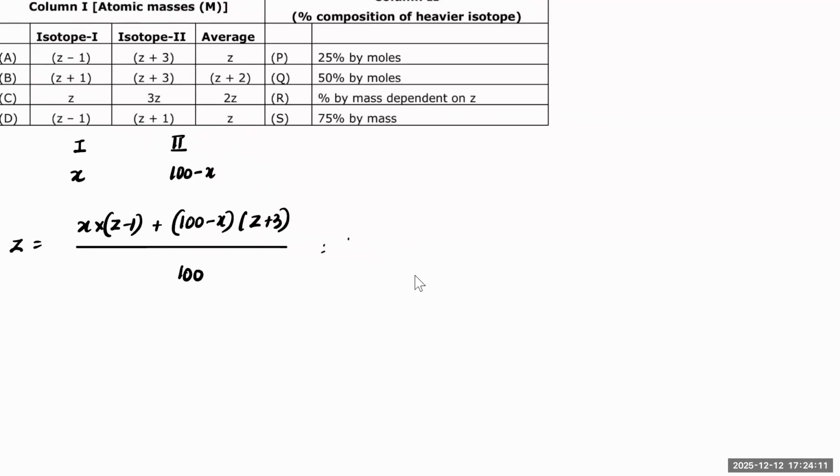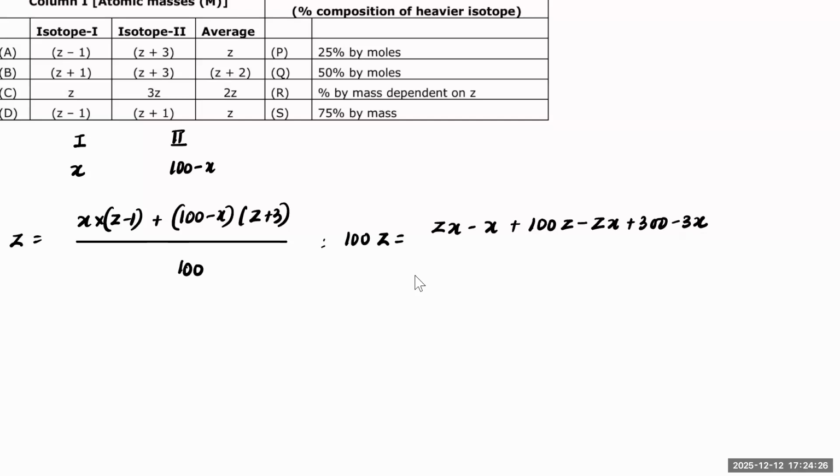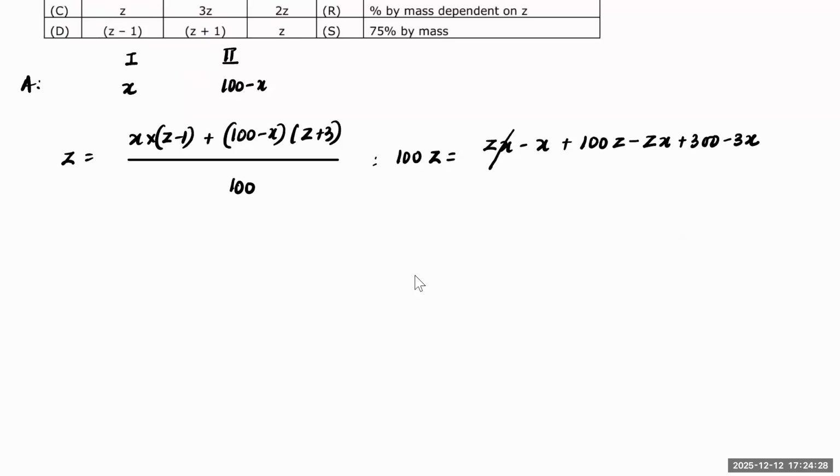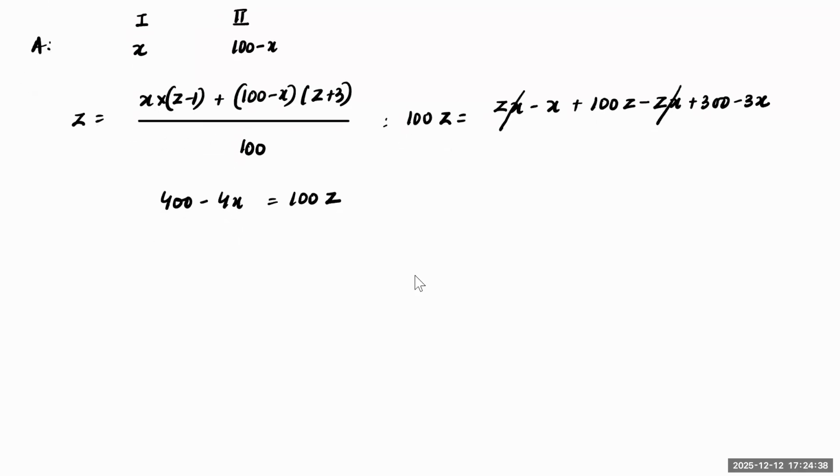So how much are we getting here now? 100Z is equal to Zx minus X plus 100Z minus Zx plus 300 minus 3x. So you can see this Zx will get cancelled and you will have 400 minus 4x.